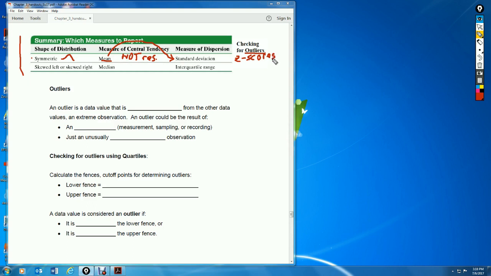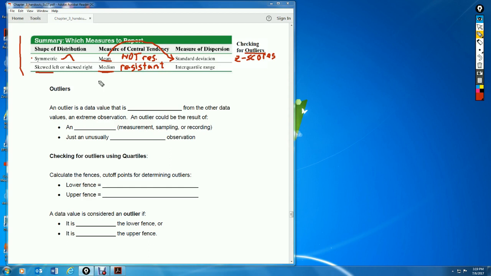Now, as we've seen in many cases, we might have a skewed distribution, whether skewed left or right. If it's skewed, then typically you're going to have extreme values on either end. In this case, you would want to use the median as your measure of center, because it is a resistant measure. It is resistant to those extreme values, and it still provides a representative measure of center.